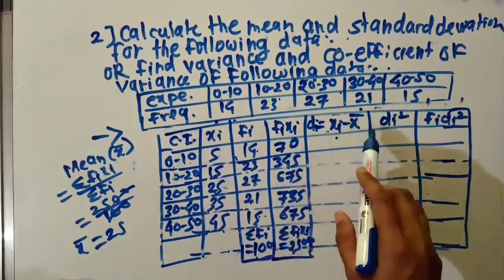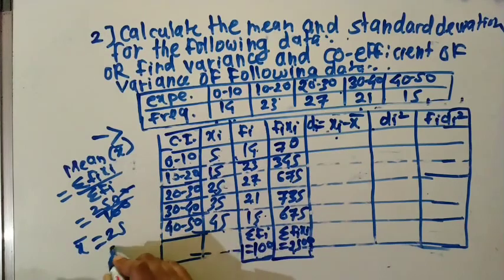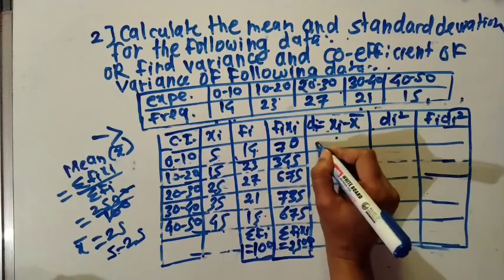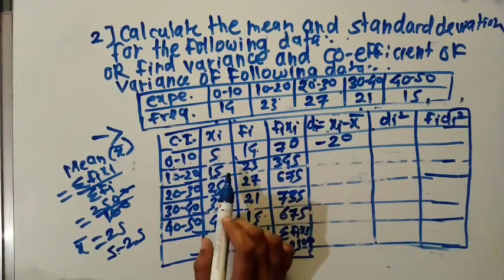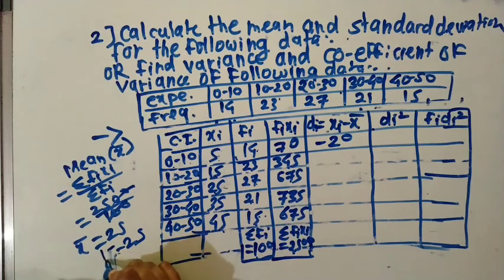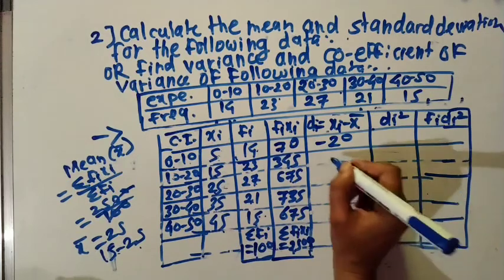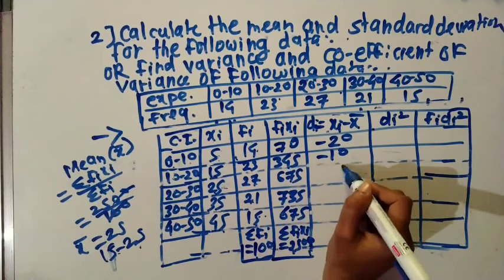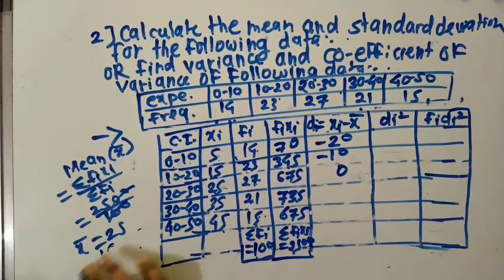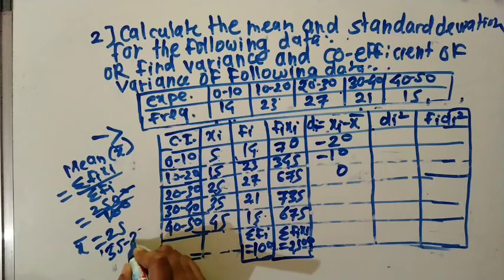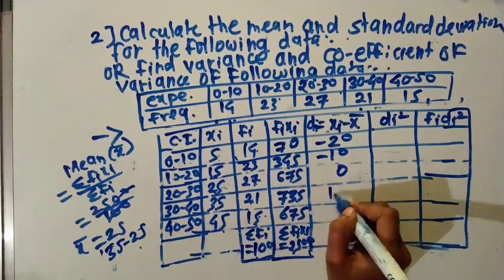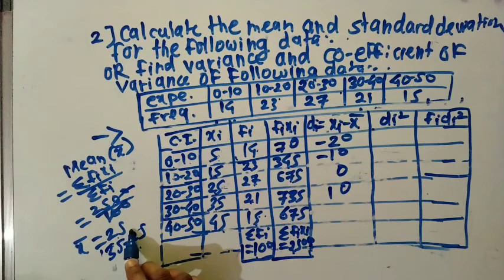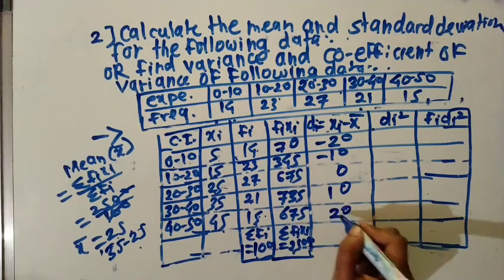Then xi minus x bar: 5 minus 25 is minus 20, 15 minus 25 is minus 10, 25 minus 25 is 0, 35 minus 25 is 10, 45 minus 25 is 20.